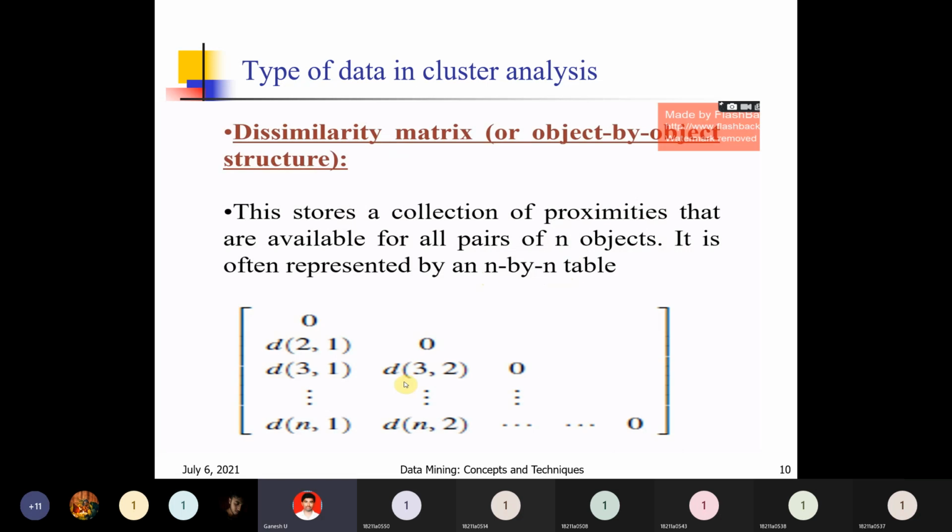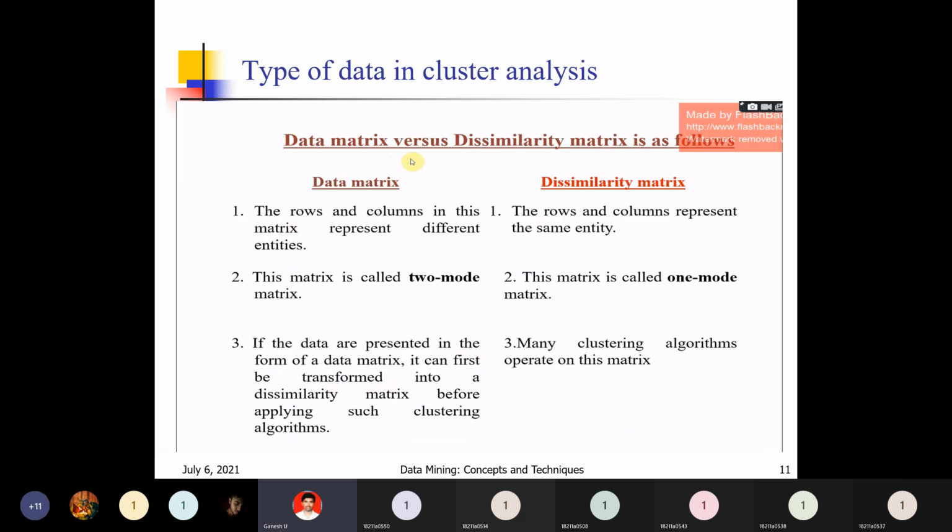See here, data matrix versus dissimilarity matrix is as follows. The data matrix, as we discussed, has rows and columns that represent different entities. Here rows represent employee 1, employee 2, employee 3.